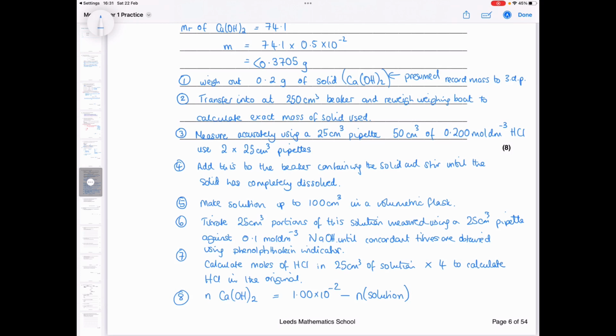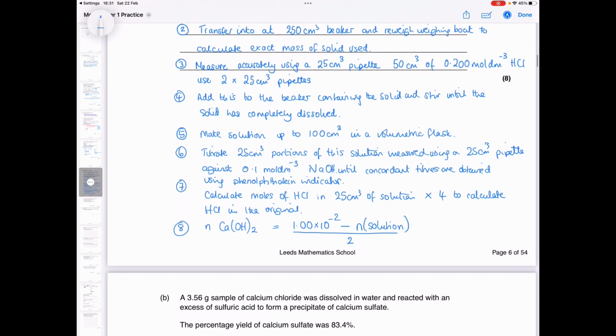So this is giving us the number of moles of hydrochloric acid used, which is twice as many moles as the number of moles of calcium hydroxide. So we then need to divide that by 2. And so that will tell us the number of moles of calcium hydroxide that were in our original solid.